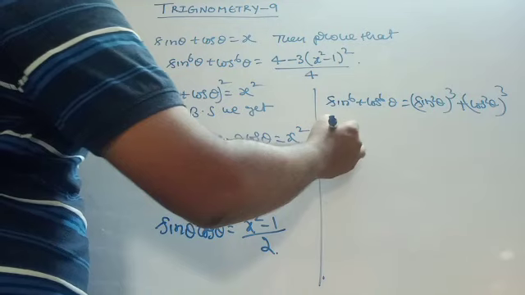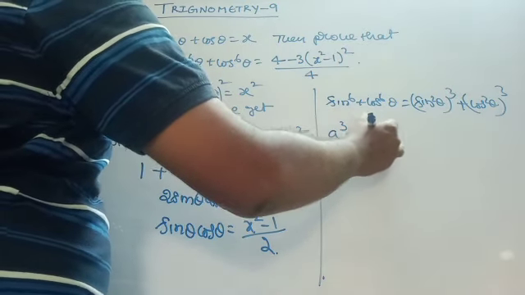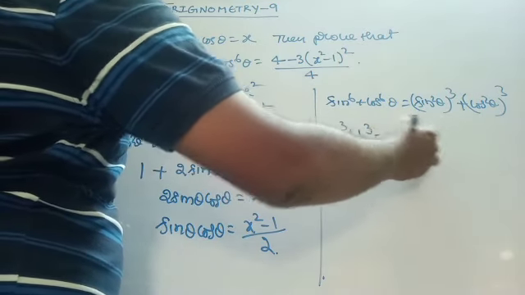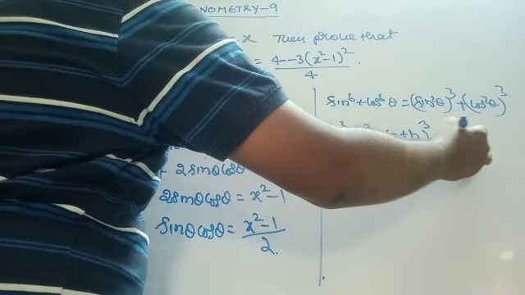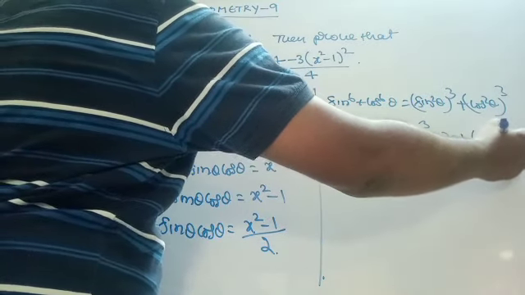As I already told you, a cube plus b cube formula, you can write it as a plus b whole cube minus 3ab into a plus b. Let us use this fact.